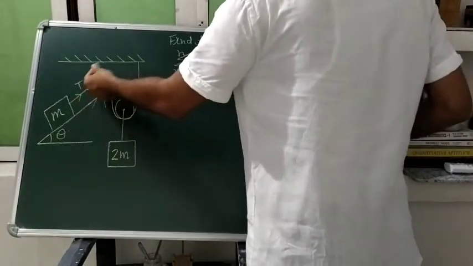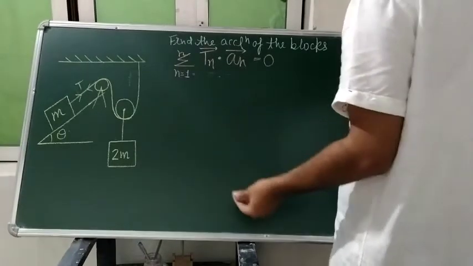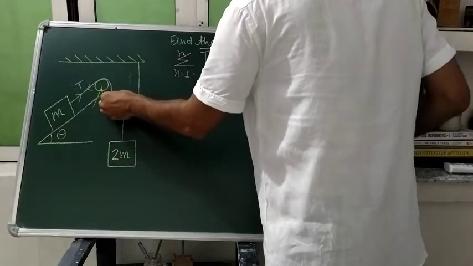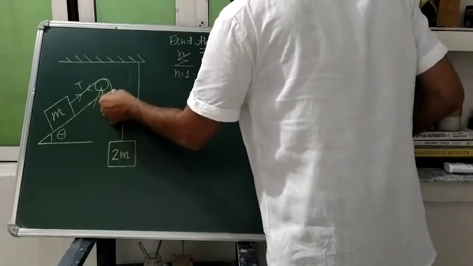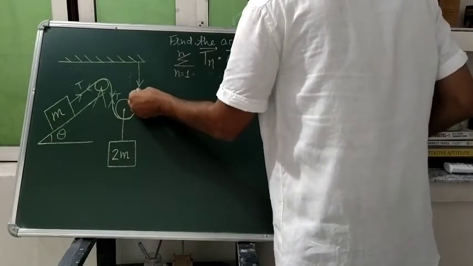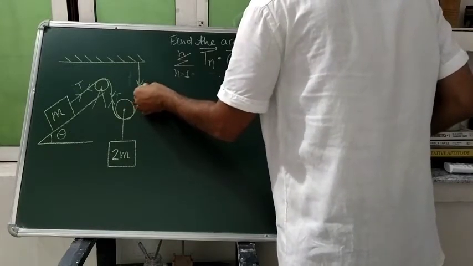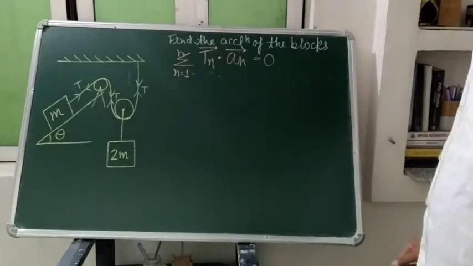Since we have assumed the pulley is frictionless and massless, the tension at each and every end will be the same. Here also that same tension is going to act, and they will come in pairs for different objects of interest.